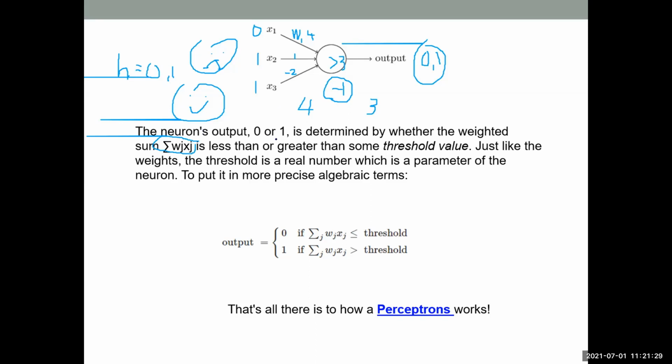Okay, the neuron's output 0 or 1 is determined by whether the weighted sum, which is what we did when we calculated -1, is less than or greater than some threshold value. I made up a threshold value of 3. Just like the weights, the threshold is a number, like greater than 3, right? These are numbers, the weights are numbers, and this is a number, which is a parameter of the neuron.